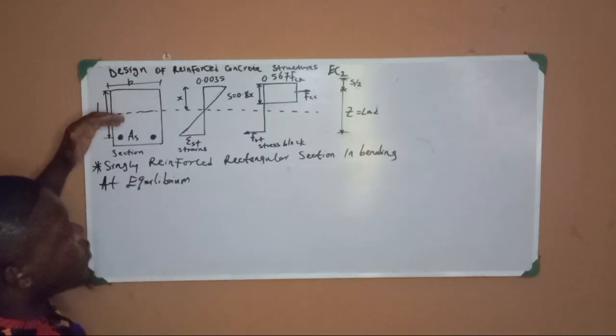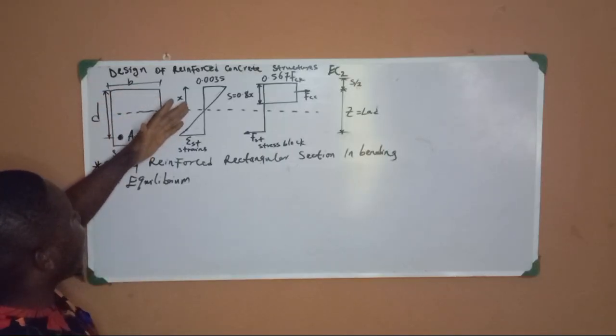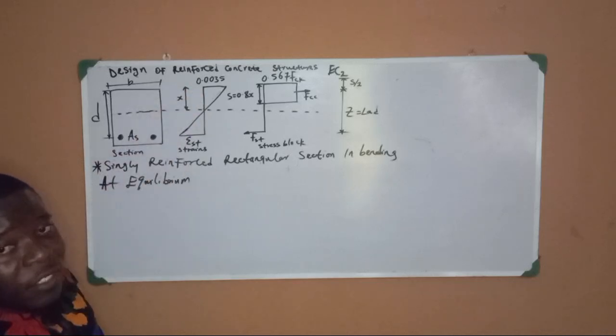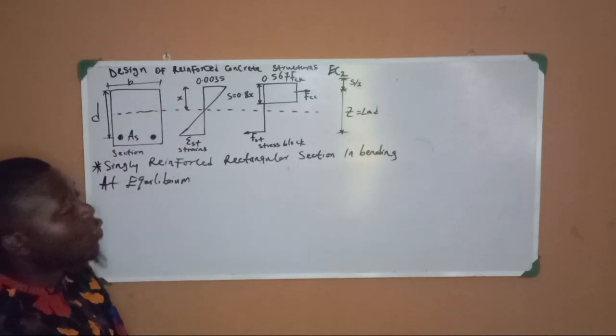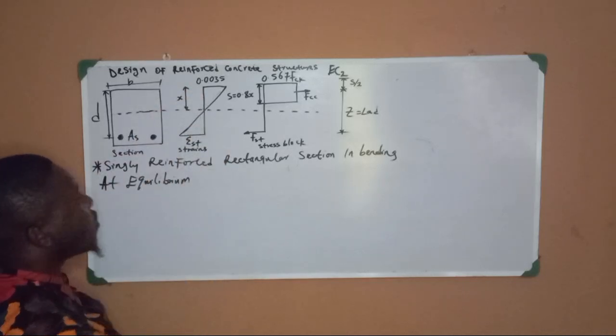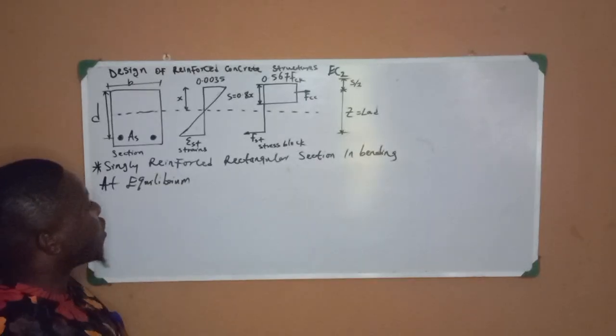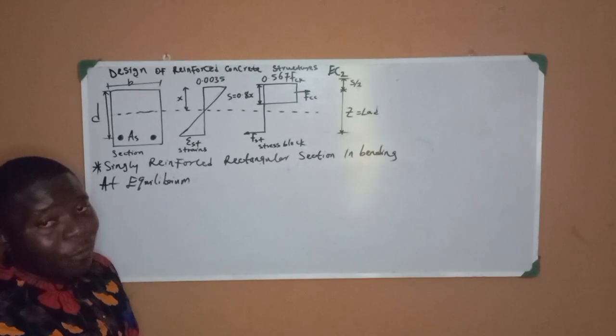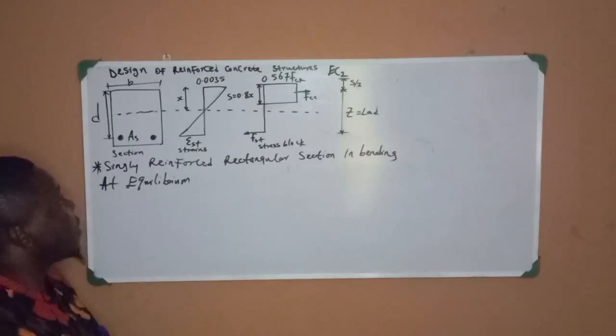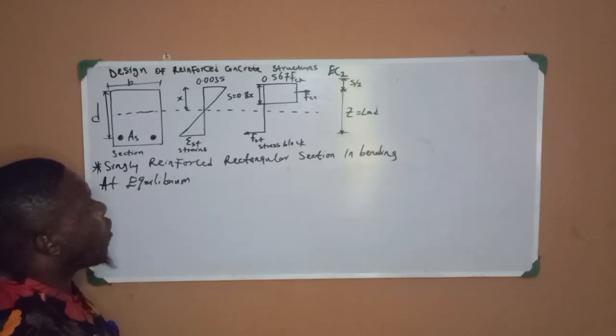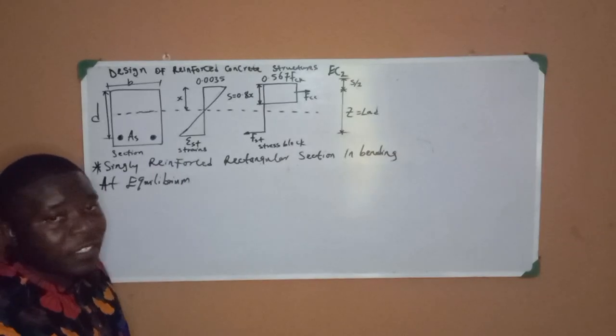The next one is your strain diagram. You can see the ultimate strain, which is 0.0035. Next is your stress diagram, or stress block, indicating the ultimate stress of concrete, which is 0.567 fck.